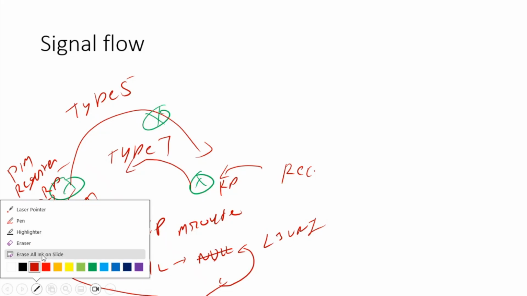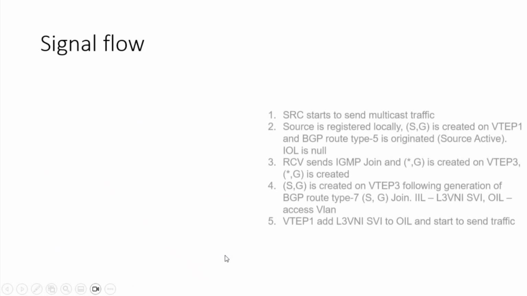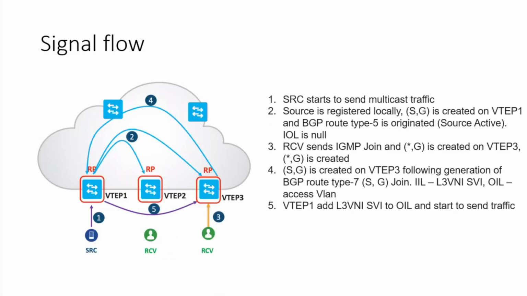You guys can take a snapshot of this also. And then I have depicted these steps. This is what I have just explained. So this is how basically BGP helps. And this is one model of deployment, a very common model.